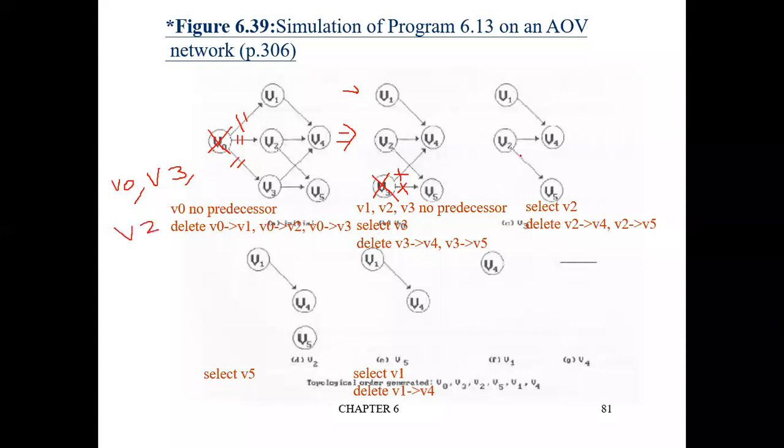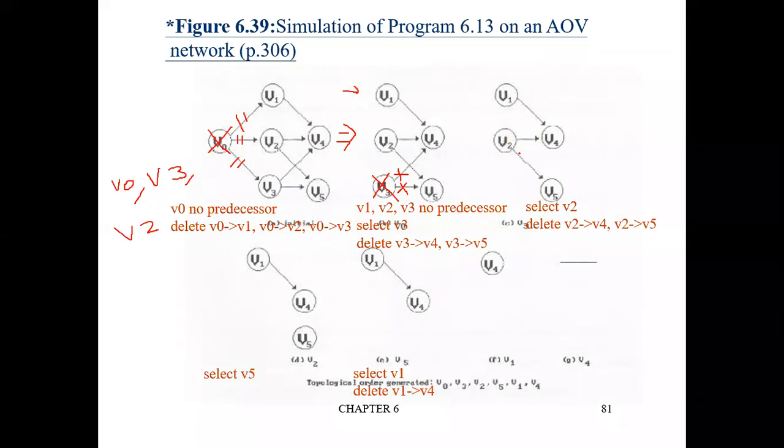So now you have to delete all the outgoing edges from V2. How many outgoing edges do we have from V2?